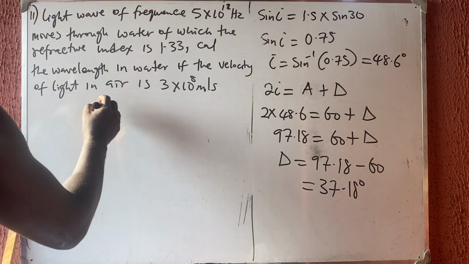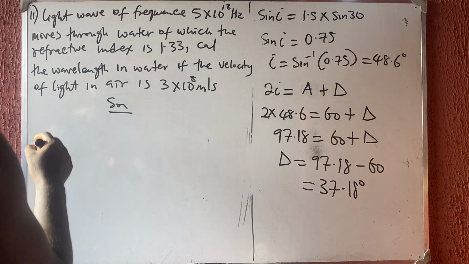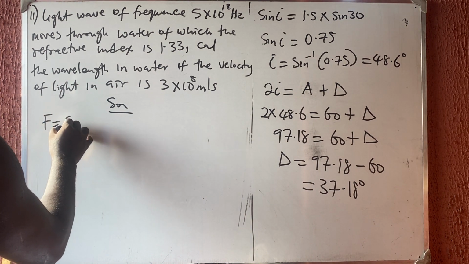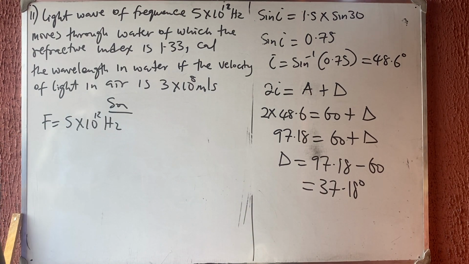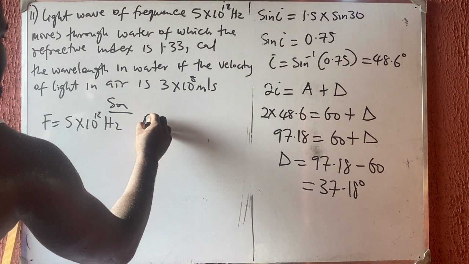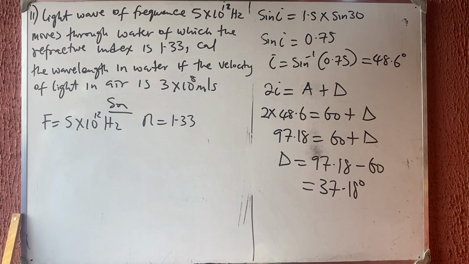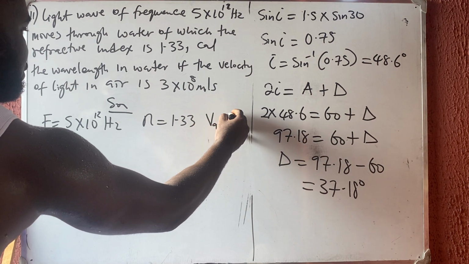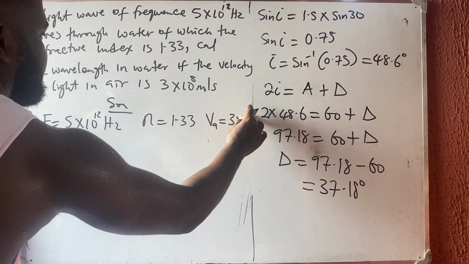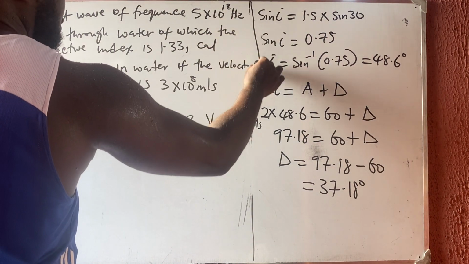All right, solution. They gave us the frequency F is equal to 5 times 10 raised to power 12 hertz. They gave us the refractive index as 1.33. And the velocity of light in air is 3 times 10 raised to power 8 meters per second. Even if they did not give it to you, your mind should go there.